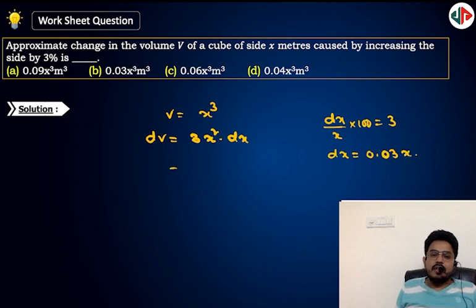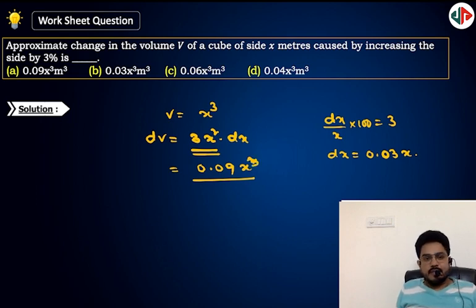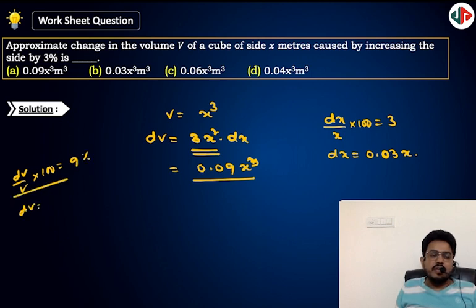So this is equal to 0.09 x squared into x, so x cube will be the answer. So dv by v into 100 is equal to 9%, or dv is equal to 0.09 into v. Also same.